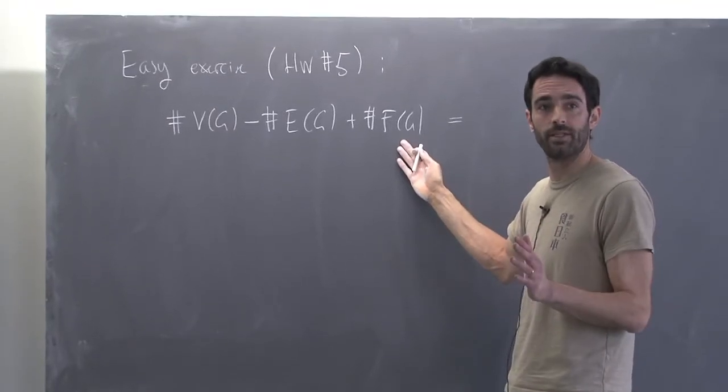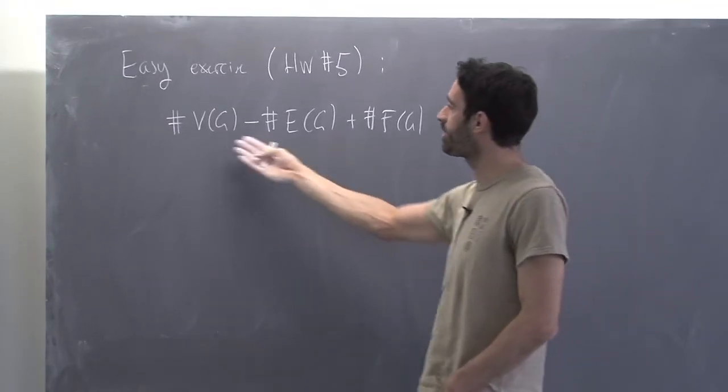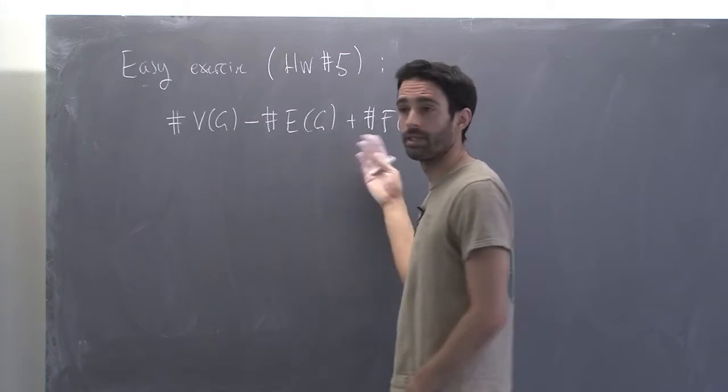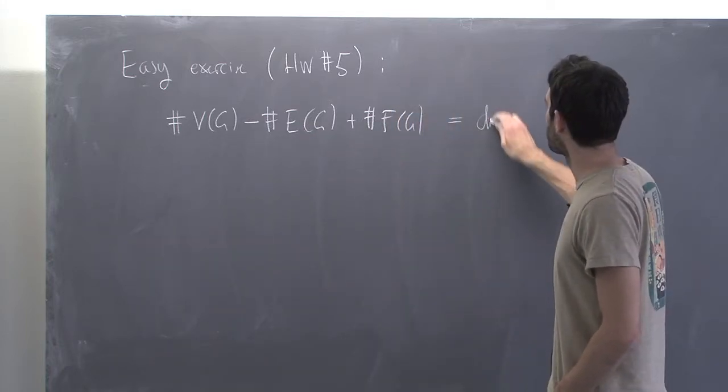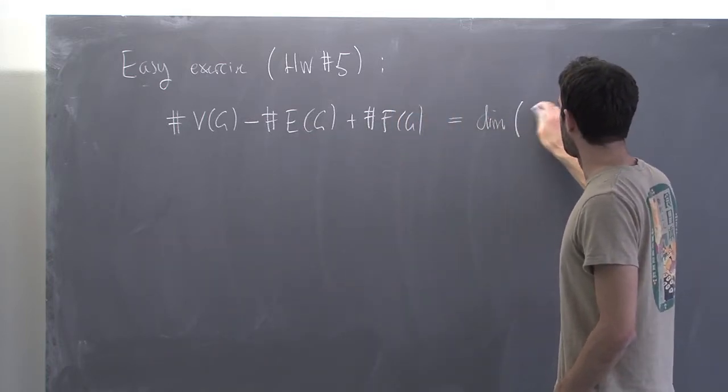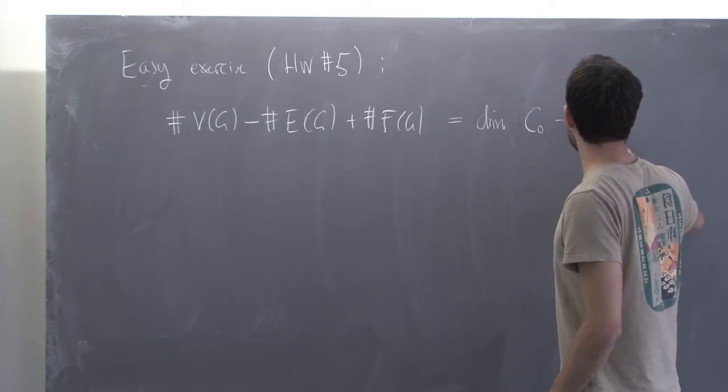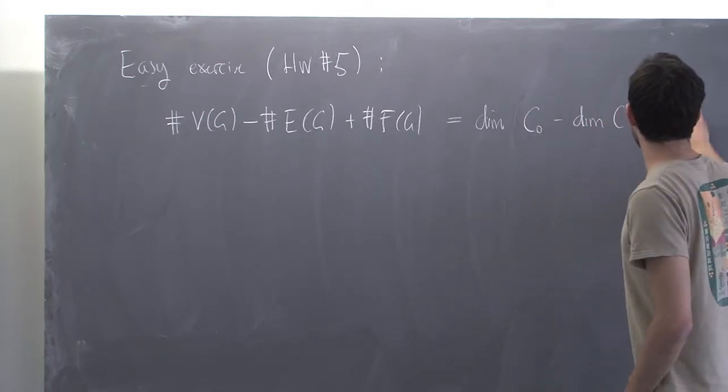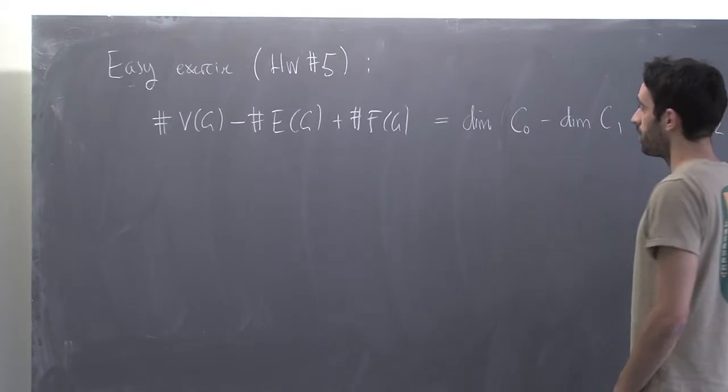That's the way we defined these spaces. They had as bases the set of vertices, the set of edges, the set of faces. So this is the dimension of C0 minus the dimension of C1 plus the dimension of C2.